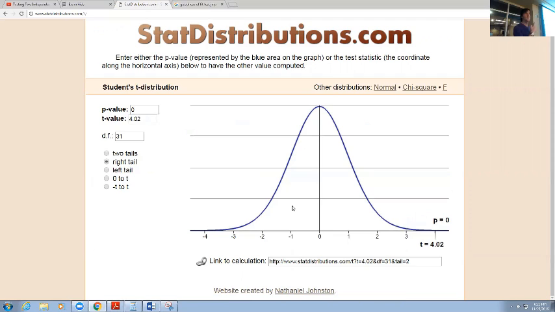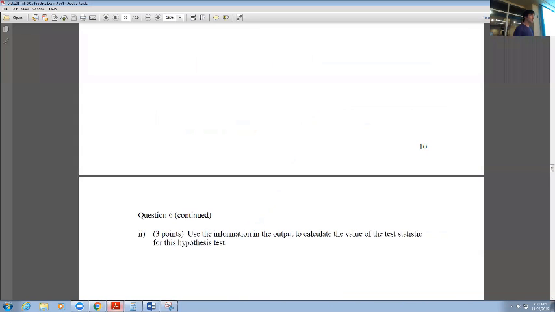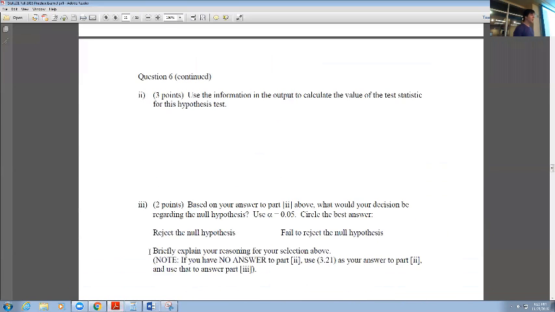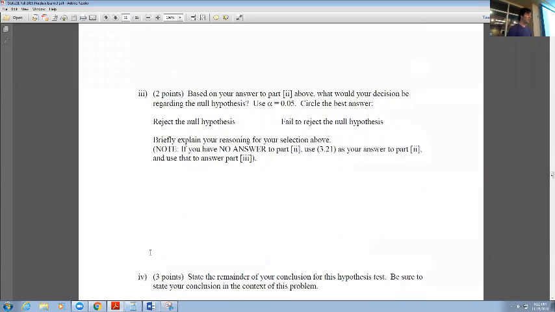Look at the graphic. Very close to 0. Because 68, 95, 99.7 above 3 is only 0.0015. So we could show that right here if we did the normal, but this is kind of like the normal. It's not the normal. It's a t with 31 degrees of freedom. So we would reject the null definitely.